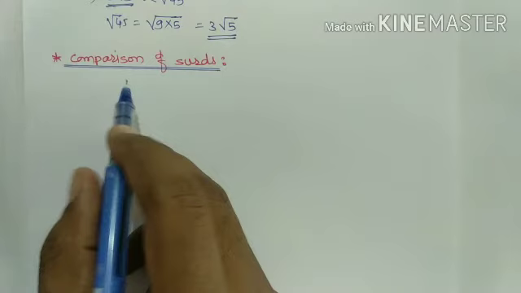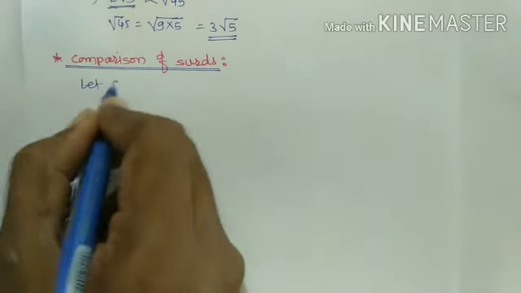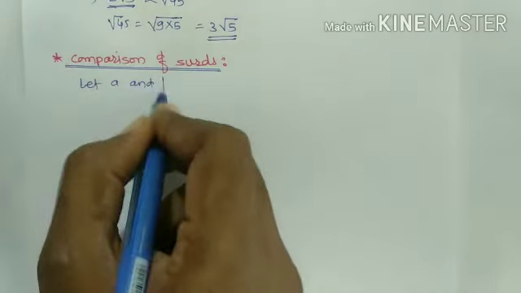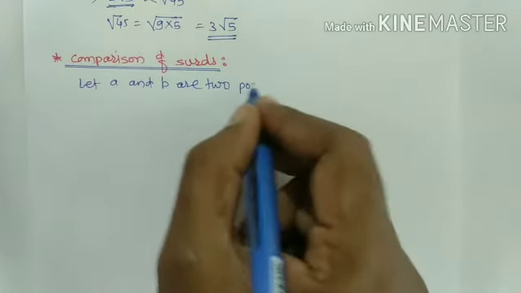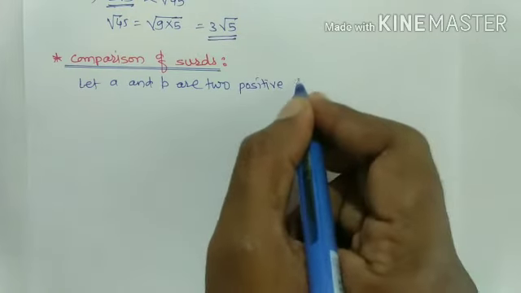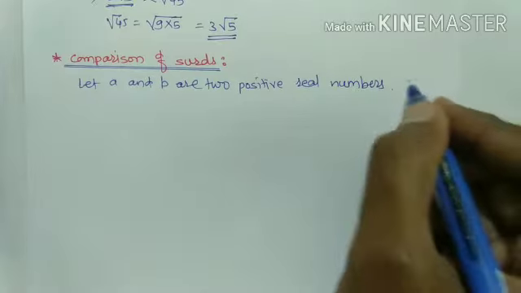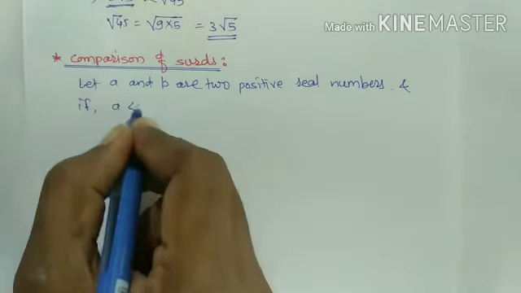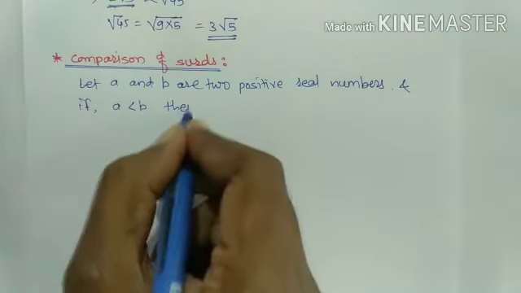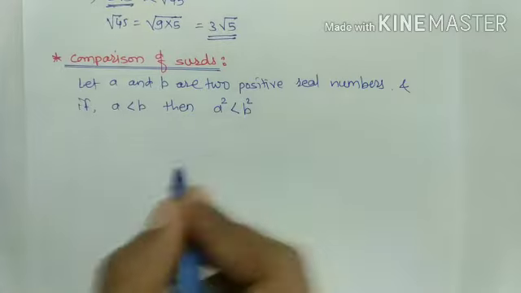Now the next point is comparison of surds. Let A and B be two positive real numbers. If A is less than B, then A square is less than B square.